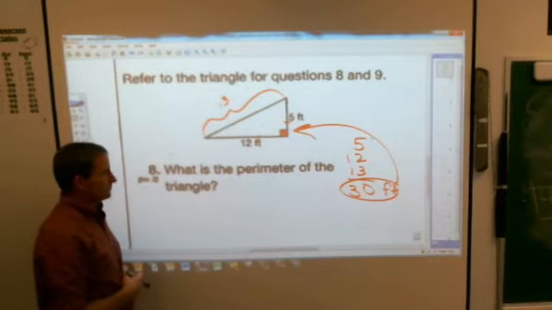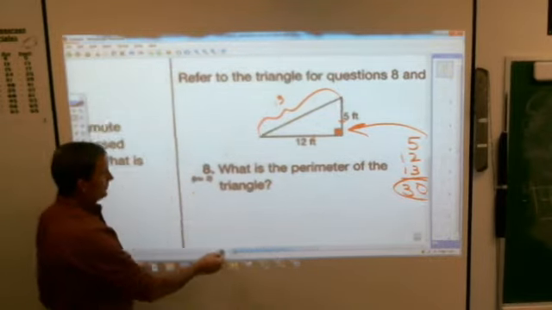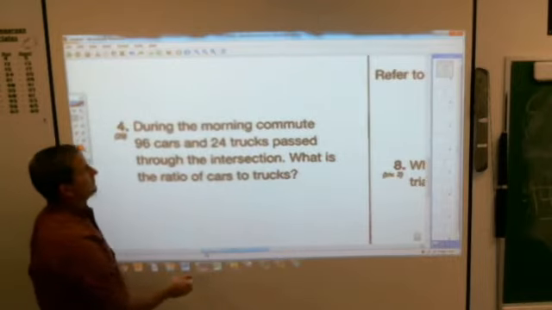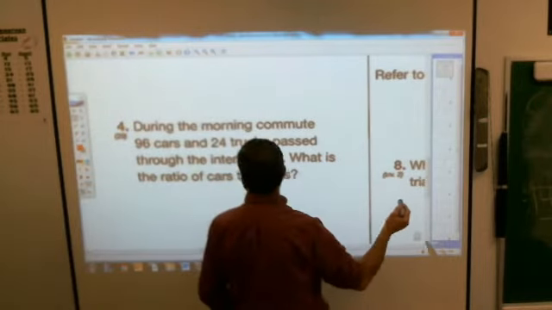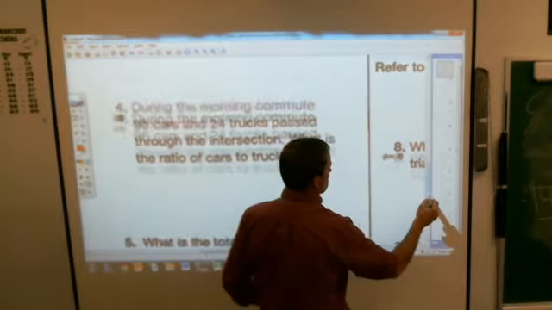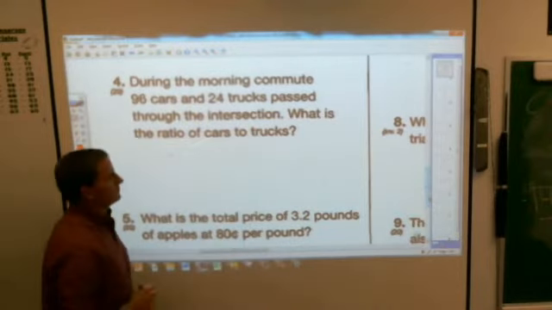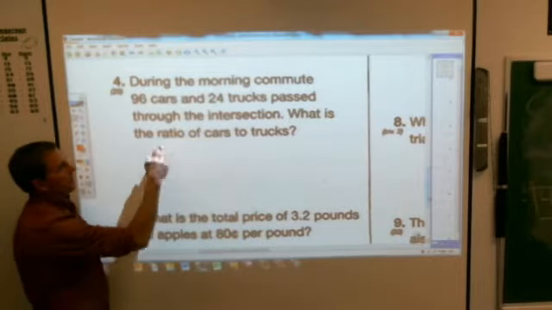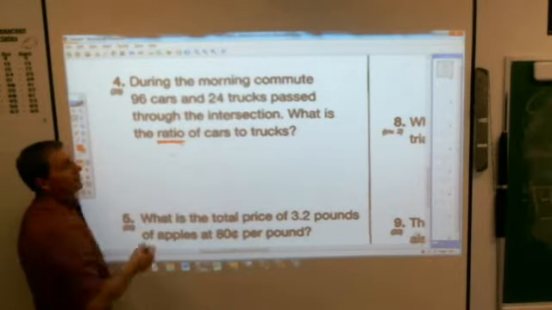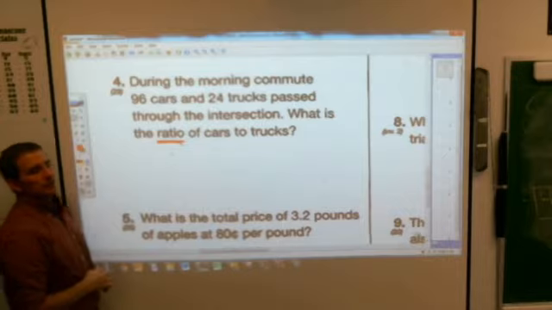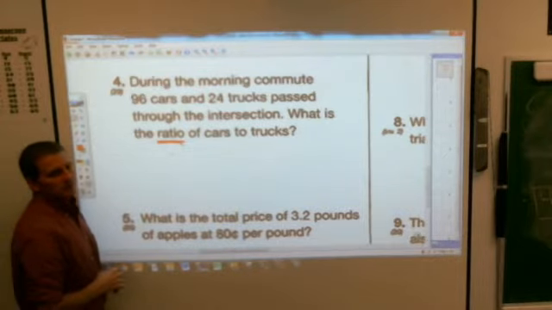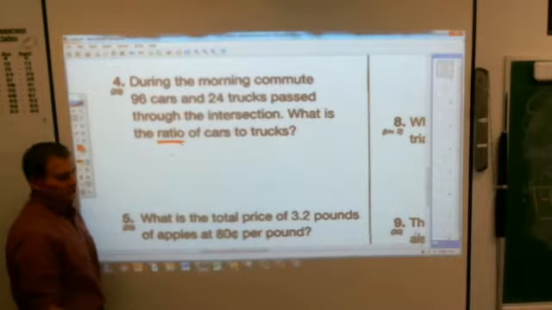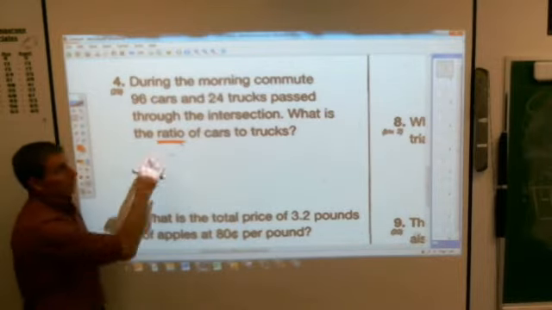Charles, number 4. Are we doing that one? Well, Charlie, what does this say? What are we looking for? The ratio. Now notice this isn't one where you have to use a ratio box because it's not telling you the ratio and asking you to find out how many cars or how many trucks there are. This is just asking you for a ratio.